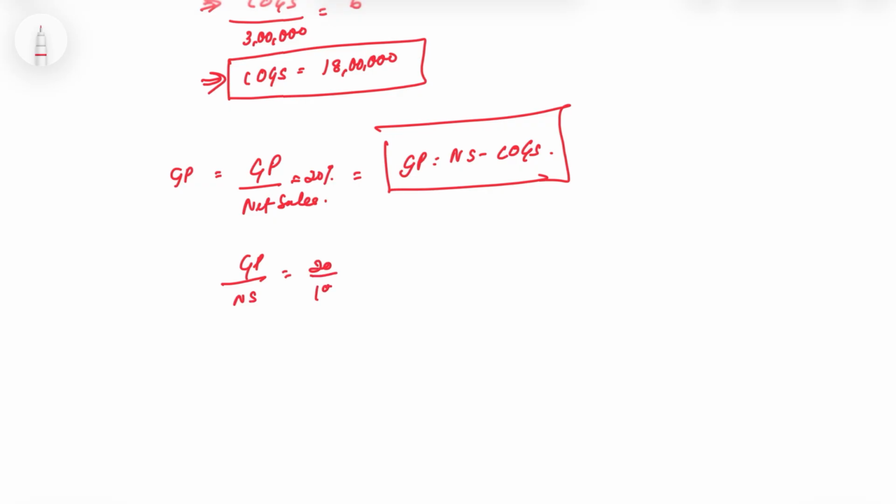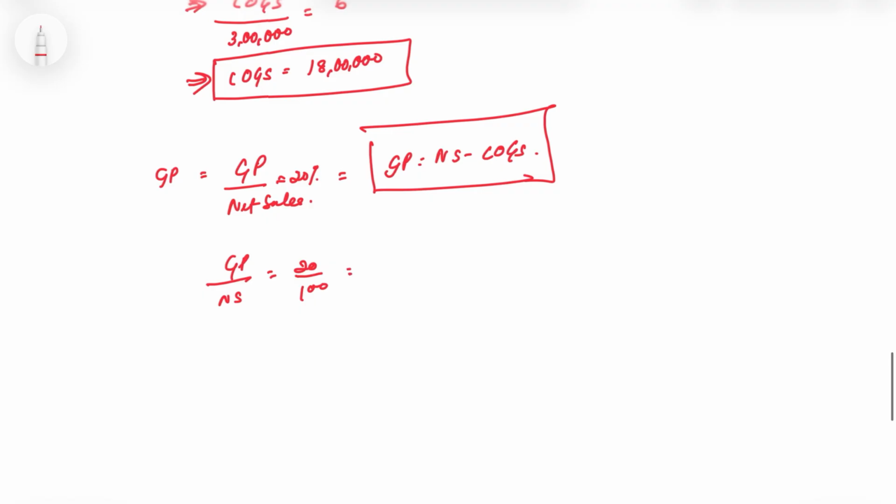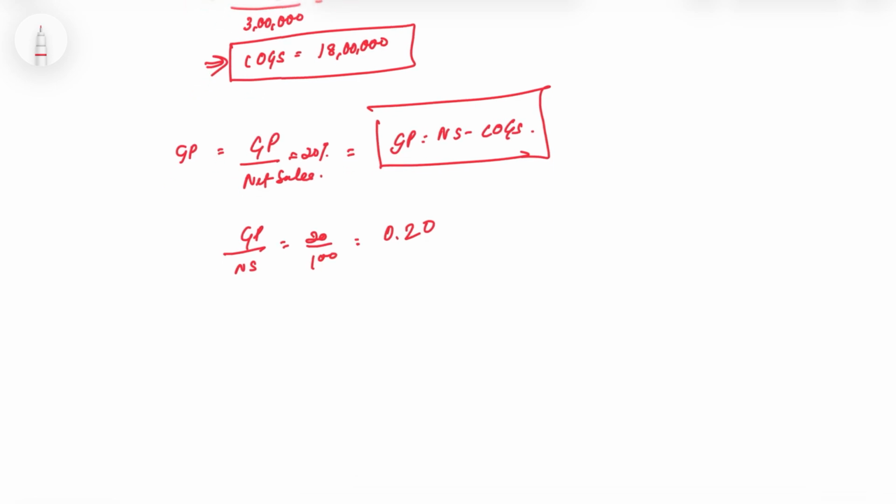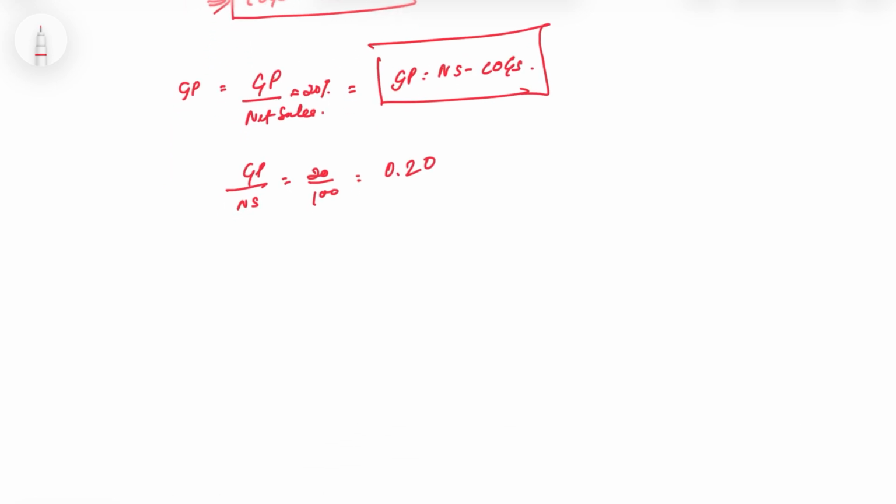20 divided by 100, so as a decimal it is 0.2, or 0.20. So 0.2 is equal to gross profit divided by net sales.